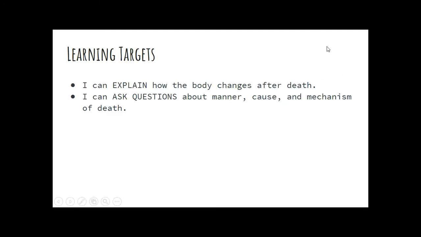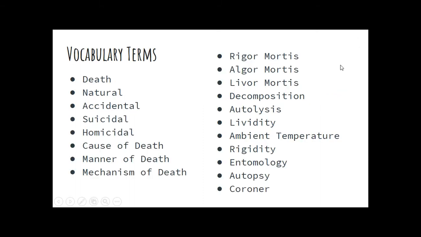Our goals that we looked at in our know and need to know table yesterday were that you can explain how the body changes after death, and you can ask questions about the manner, cause, and mechanism of death for a specific case, questions that would get us to the answer if we were solving a case. We do have quite a few vocabulary terms, but a lot of them overlap.